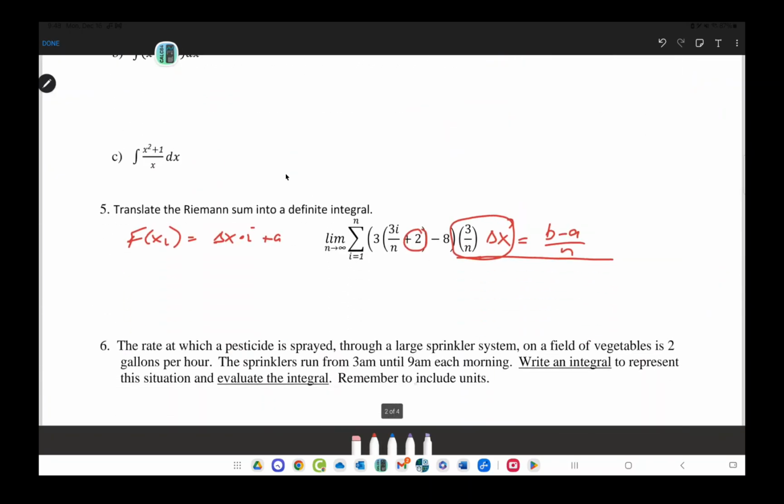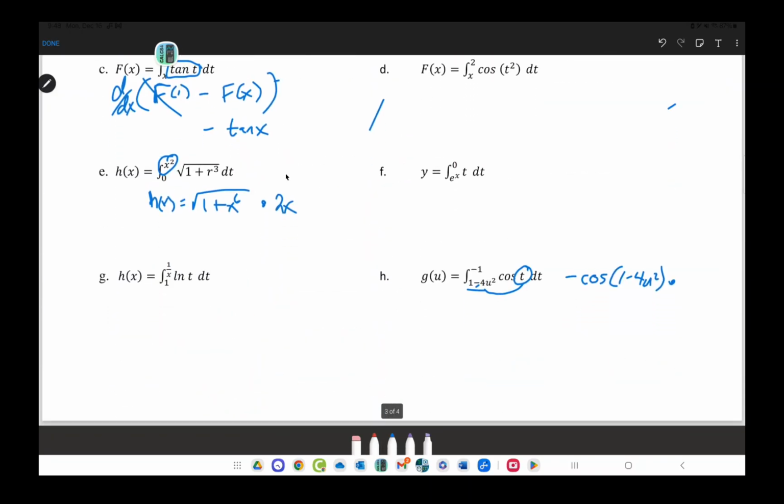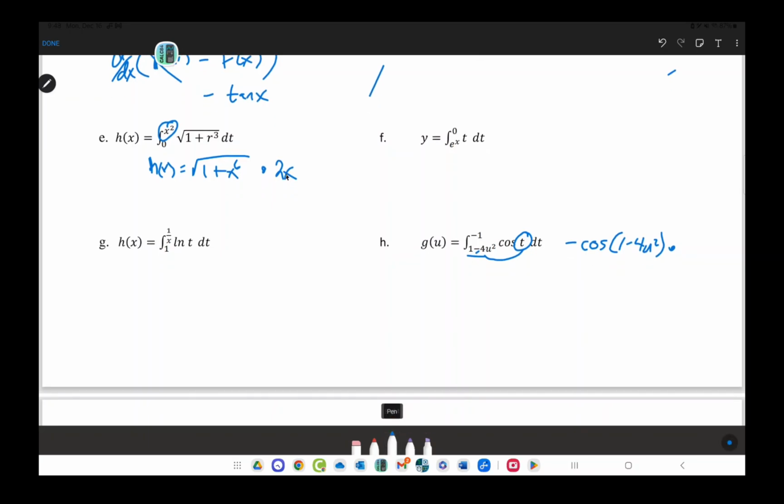And somebody said, G on this one? Yeah, why is it negative 1 over x squared? So this gives you the natural log of 1 over x, right? Times the derivative of 1 over x.